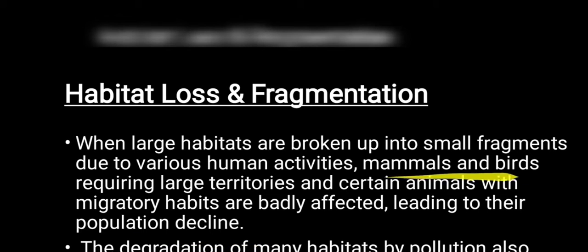Mammals and birds who require large territories find it difficult to live in very small areas, and that leads to their extinction. The degradation of many habitats by pollution also threatens the survival of many species, and many have become extinct in the last 500 years. So that is about habitat loss and fragmentation.